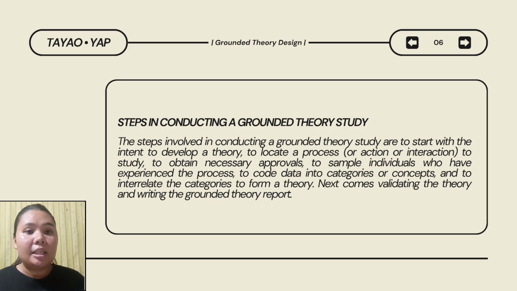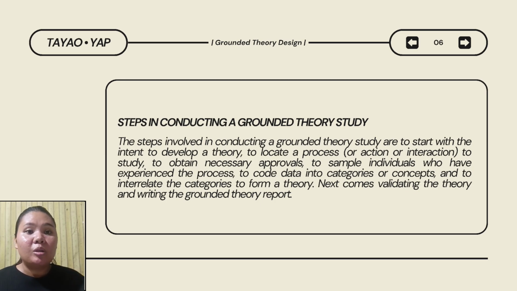If you are confident that in step number 1 you decided on a grounded theory design that best addresses the research problem, in step 2 you identified a process to study, and you sought approval and access, it means that you proceed to the next step. Step number 4.